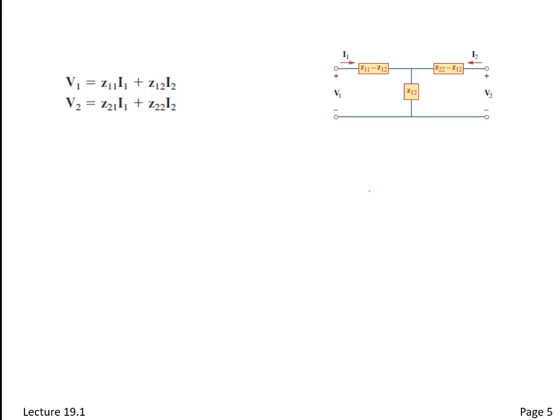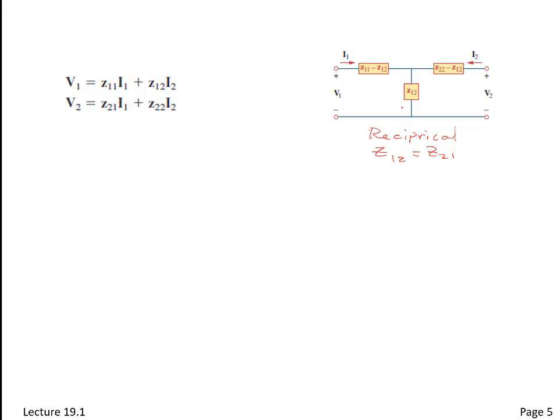Okay, so let's take a look at this now. Here are our equations. Let's consider what I just said about symmetry and reciprocity. A reciprocal circuit would mean Z12 equals Z21.